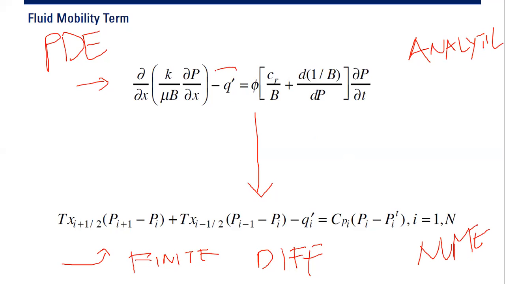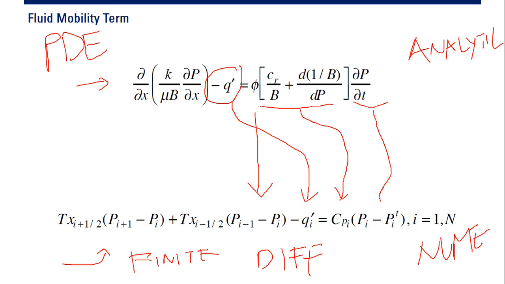So you see, we have flow rate here. It goes to there. And then we have this one. This is the storage coefficient. We call it CPI, storage coefficient. And we have dPdt, changed by approximation to be the pressure change.